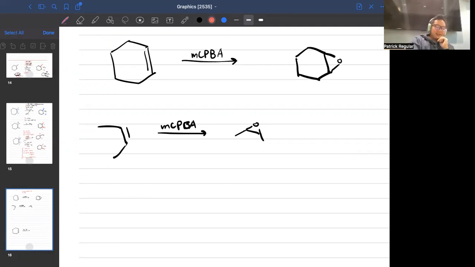So if this is cis, it retains stereochemistry because it's an addition. All right. So remember, these are methyl groups. There's some hydrogen groups right here. Okay. With that in mind, what I would honestly do is redraw it on the side. Let's imagine I redrew this on the side. I'm just going to add that O right across here. And whatever methyl group I have, let's just draw that stereochemistry.